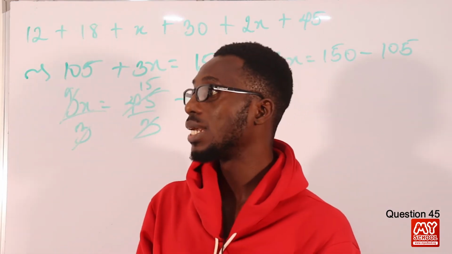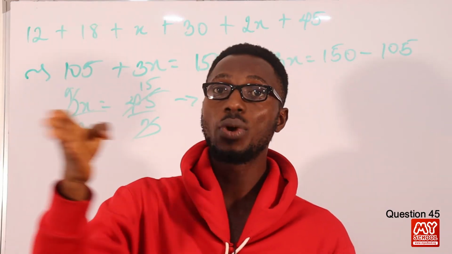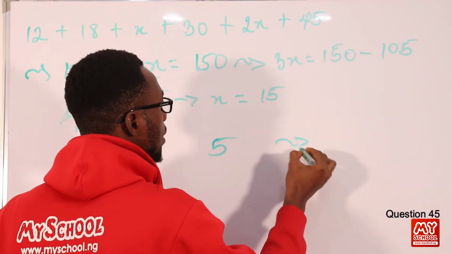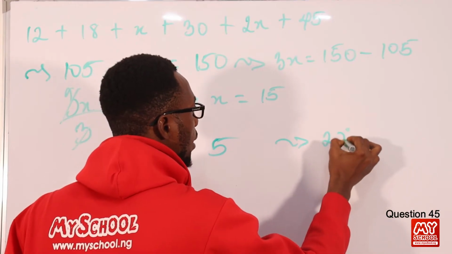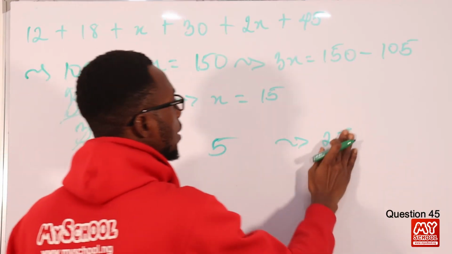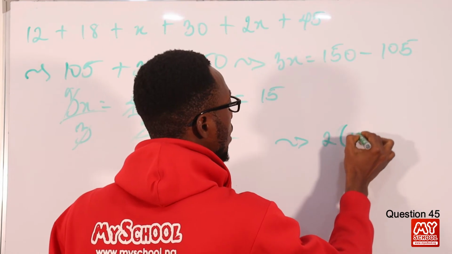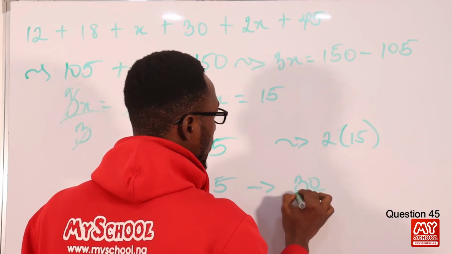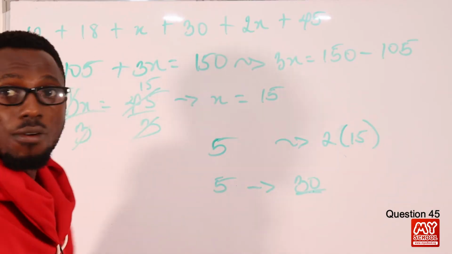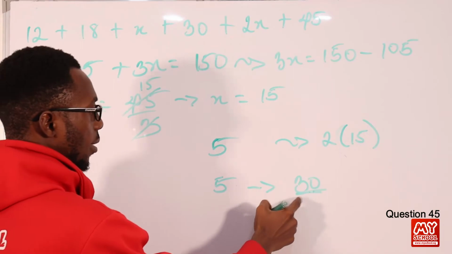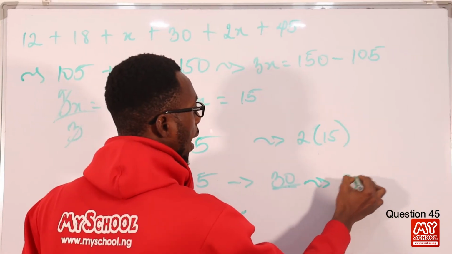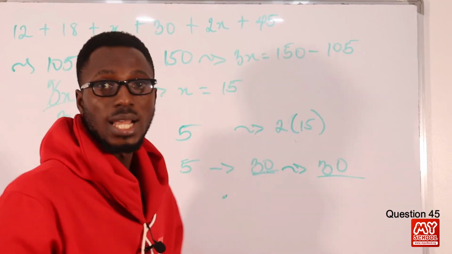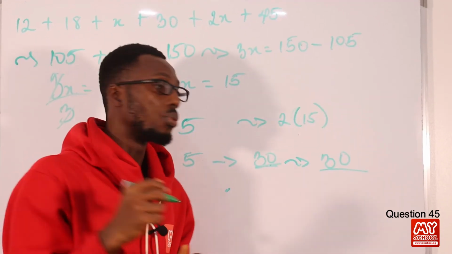So the probability of obtaining a 5 will be the frequency of 5. You know, we have 5 and its frequency is actually 2x, right? But right now we know that x is 15, so that's actually 30, right? So that means 5 was obtained 30 times. So the probability of obtaining a 5 will now be the frequency of 5, which is 30, over the total number of times that the die was rolled.